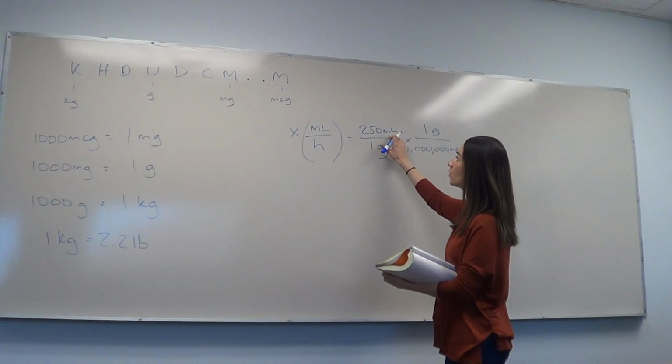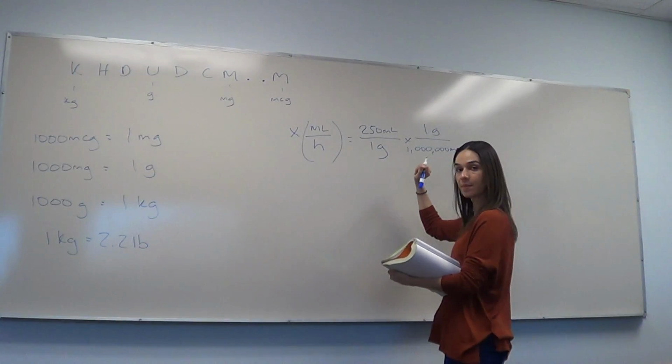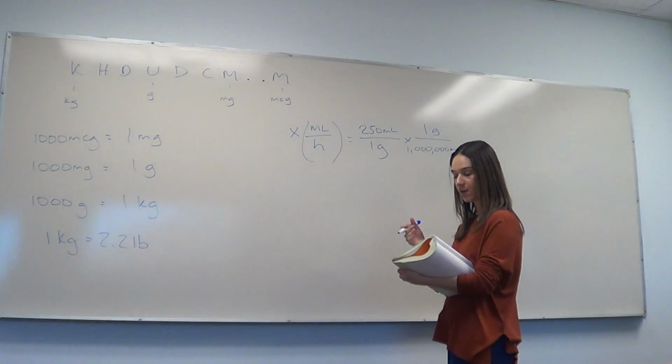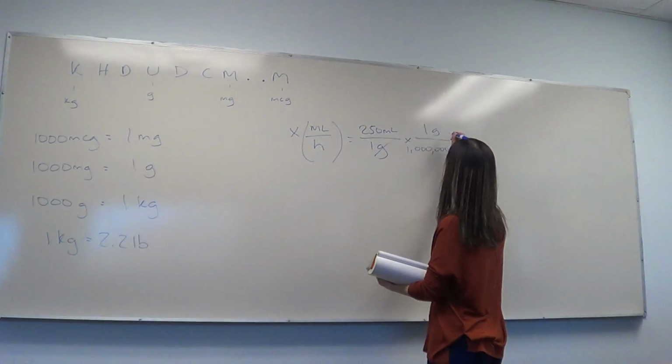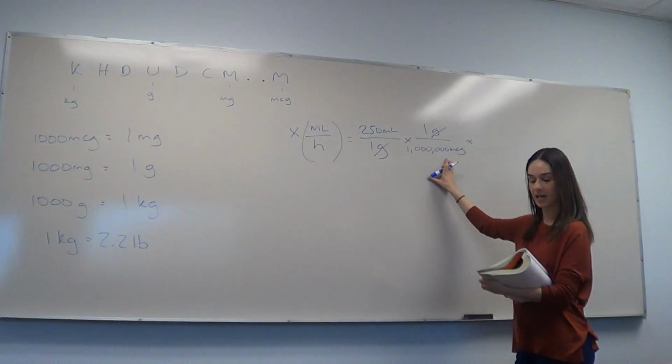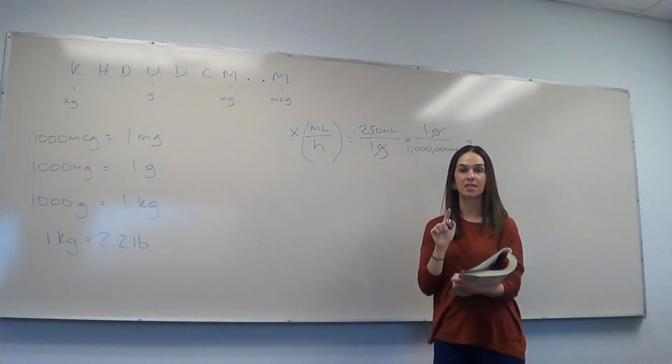So you could have put 250 mLs over 1,000,000 micrograms right here, and then you should have plopped to your information you have with micrograms. But I convert within, and now my grams crosses out, and I understand I need something with micrograms in it, which I have.